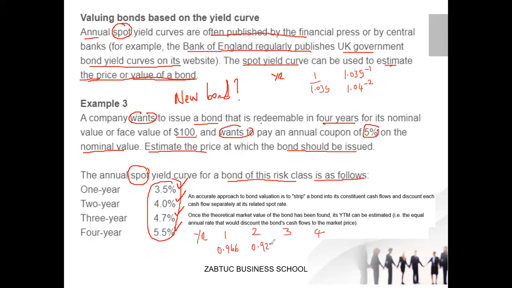What of that one? 1.047 to the power minus 3. 0.871. And the last one, 0.807.